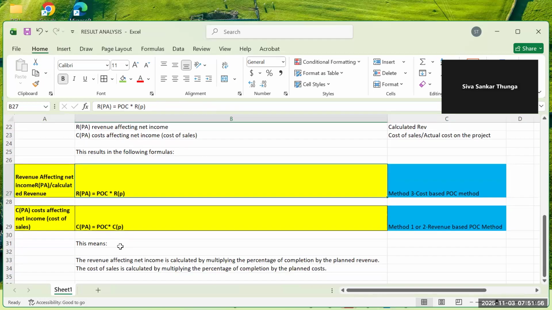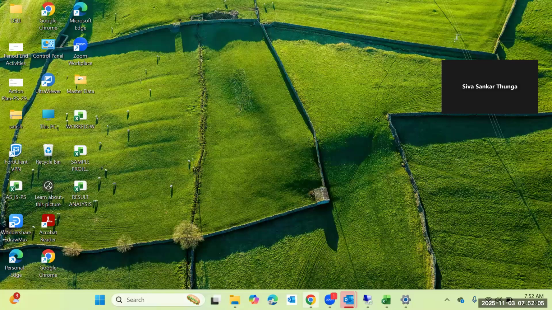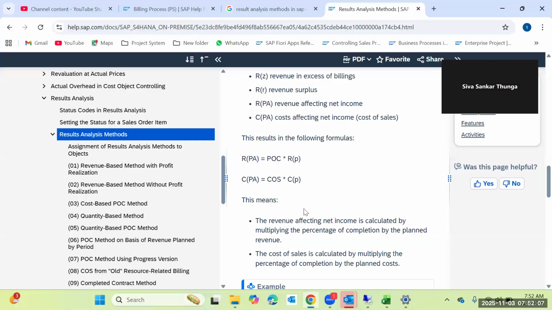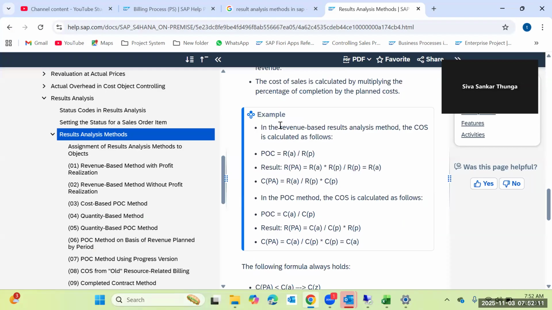These are the two things that we need to remember. Next, what it is telling is, in the revenue based method, the cost of sales is calculated as POC equal to actual revenue by planned revenue.